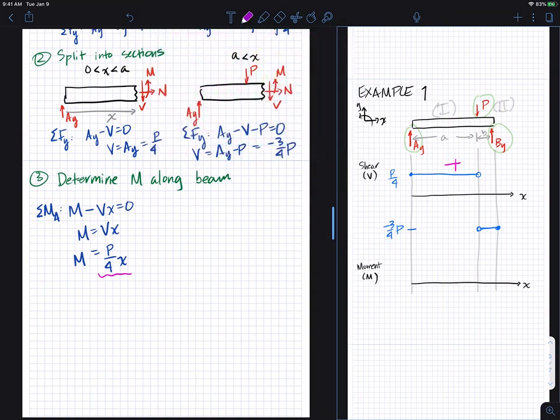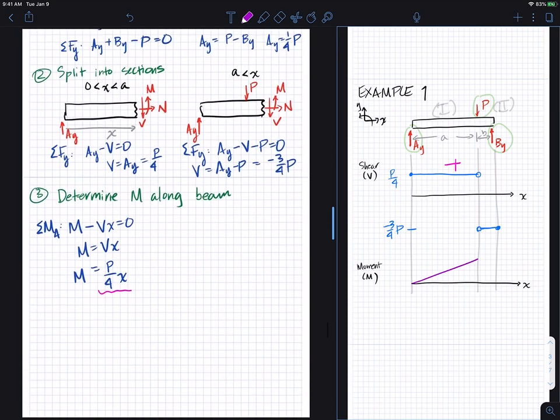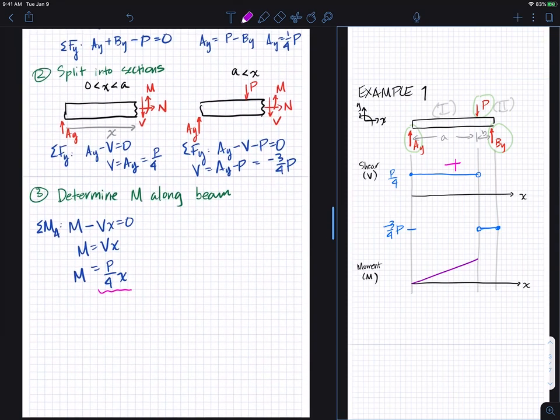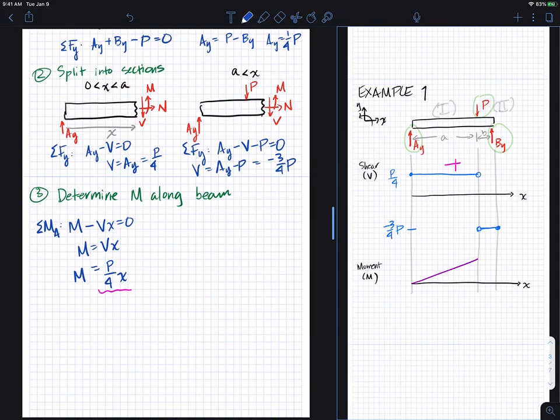So for the moment, I know I have a linearly increasing moment that goes like this, right? And to what value? I can substitute X as 3/4 L, and now we get that moment there. But let's leave the equations as analytical ones for right now, and then we'll substitute at the end.